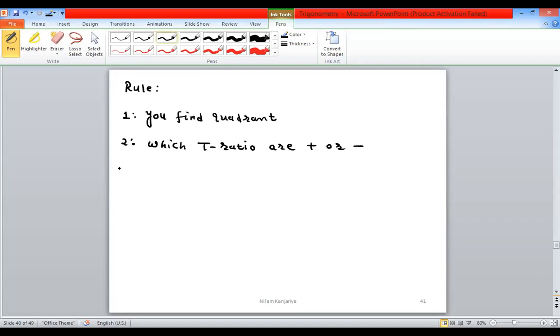Third step, after giving the sign, check whether your angle is on the x-axis or y-axis. And the last step, follow the note.